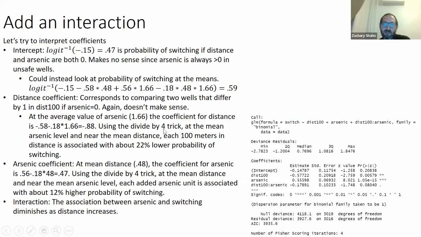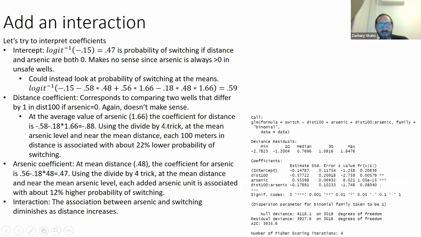They explain in the book, it's just an artifact of the logistic function that if you take its derivative near the mean of the covariate, so near the middle of the logistic regression curve, it'll be about that coefficient over 4. It's just a weird mathematical thing that happens to work.